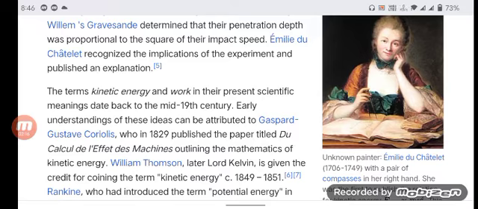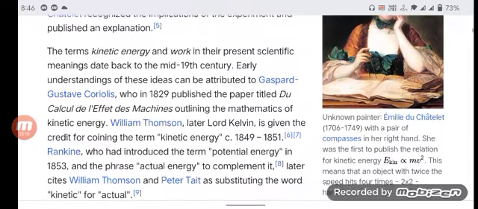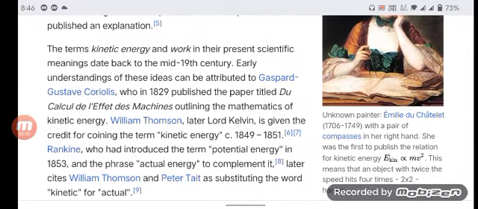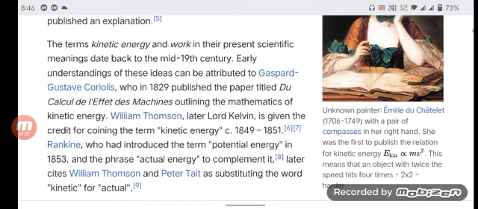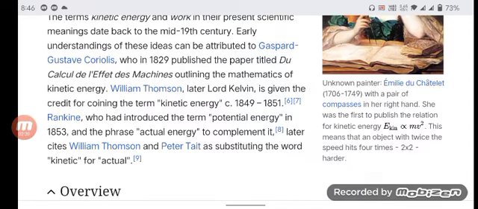The terms kinetic energy and work in their present scientific meaning date back to the mid-19th century. Early understanding of these ideas can be attributed to Gaspard-Gustave Coriolis, who in 1829 published the paper titled Du Calcul de l'Effet des Machines, outlining the mathematics of kinetic energy.